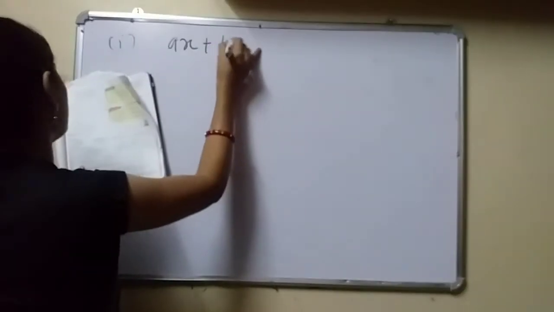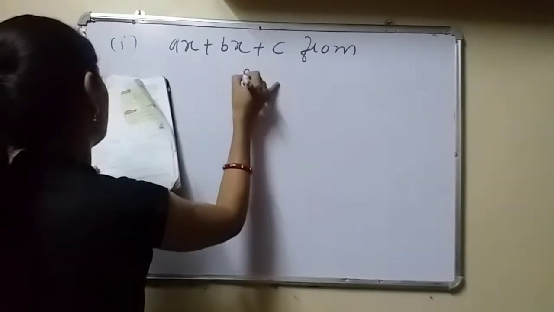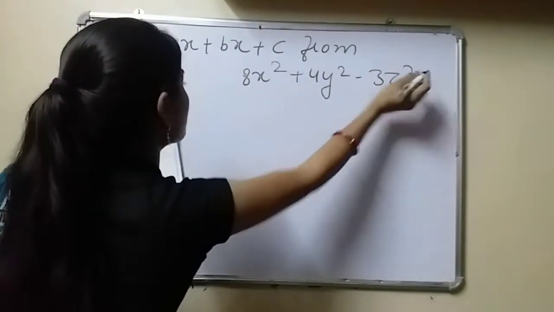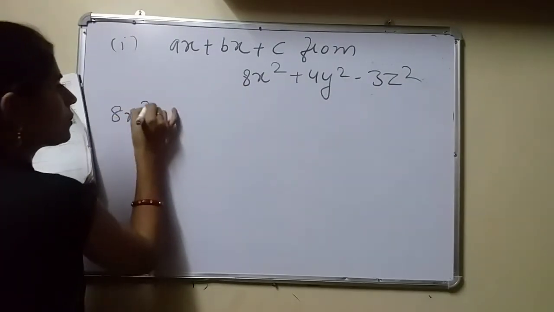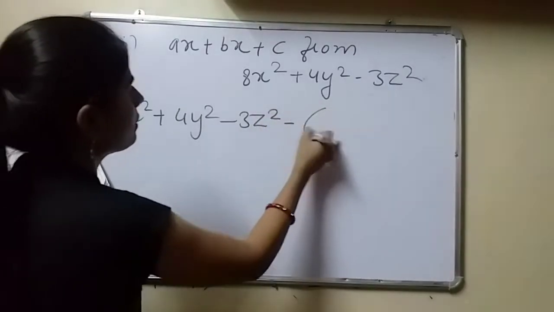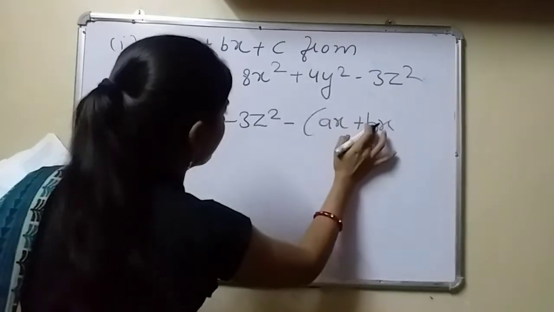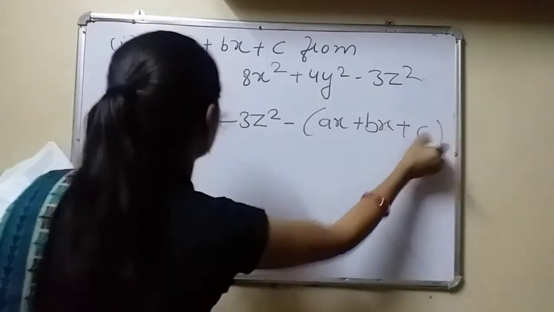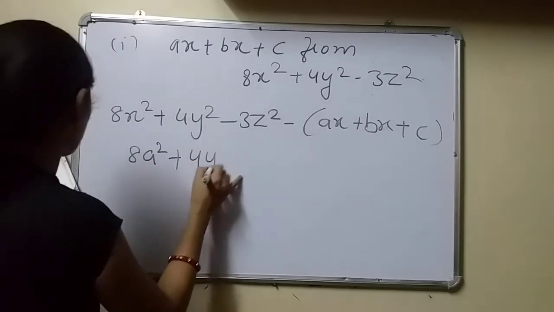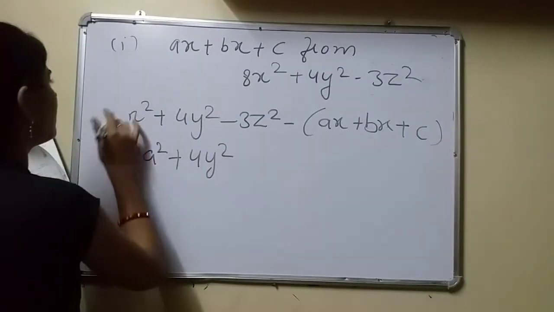Subtract ax plus bx plus c from 8x square plus 4y square minus 3z square.